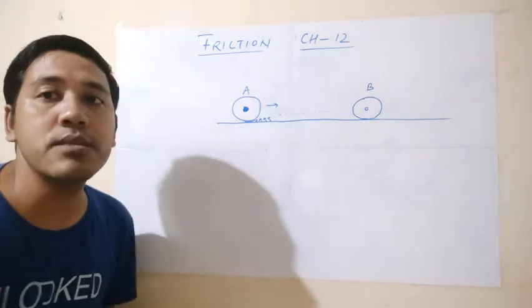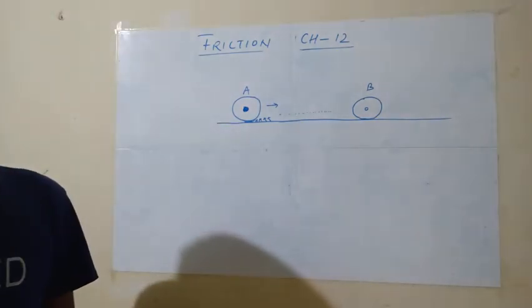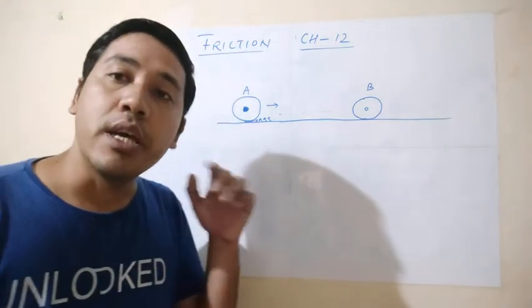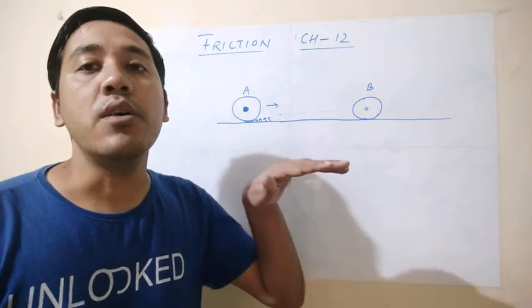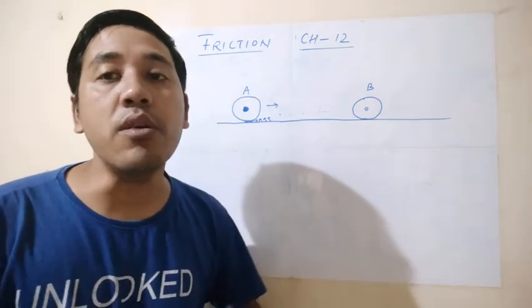Then what is this force? Friction means an opposing force which reduces or slows down the motion of any object.